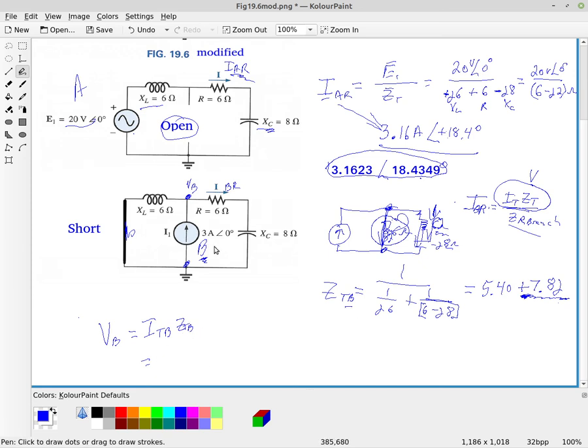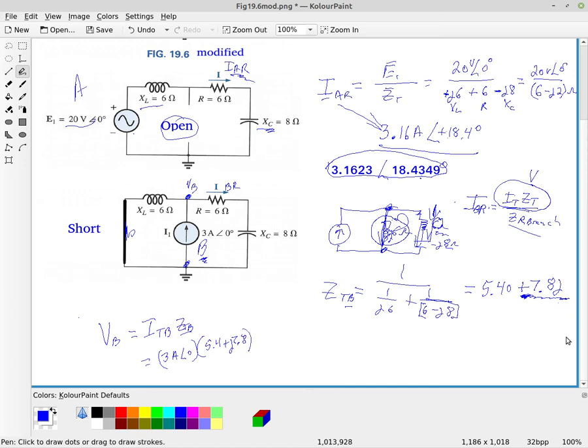So we have the current, which is 3 amps, angle 0, times the total impedance, which is this 5.4 plus J 7.8.